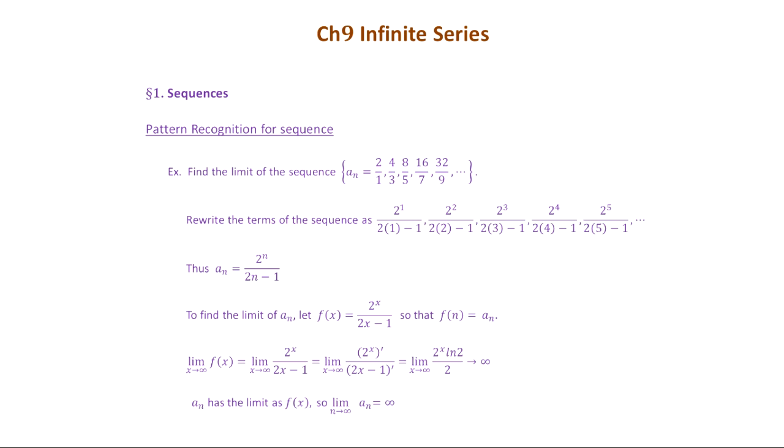You get 2 to the x times ln 2 on the top, and the derivative of 2x minus 1 is just 2. So you get 2 to the x on the top multiplied by ln 2 times 2 over 2, which is just a constant. But 2 to the x gets large, approaching infinity as x approaches infinity. So the limit of the function as x approaches infinity is infinity.